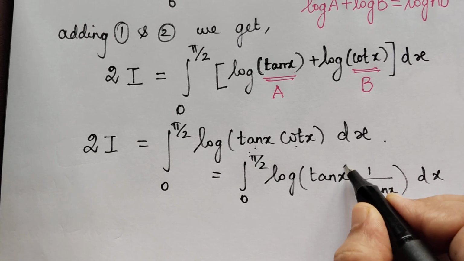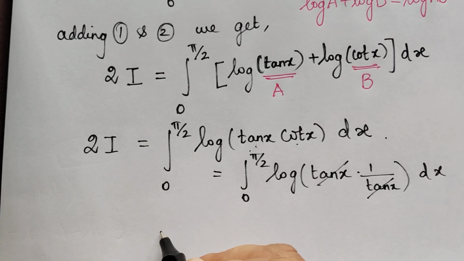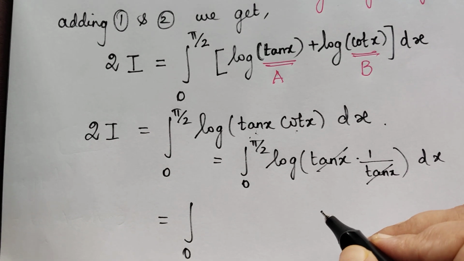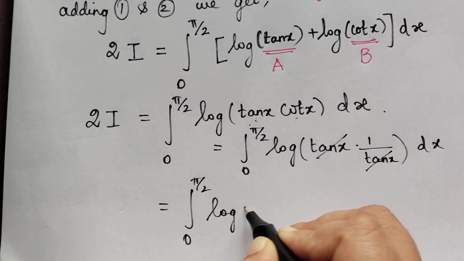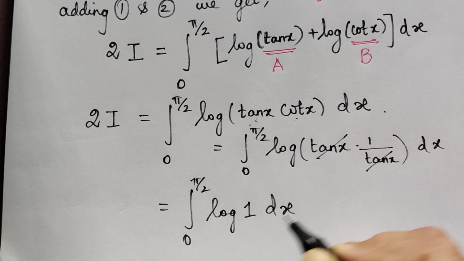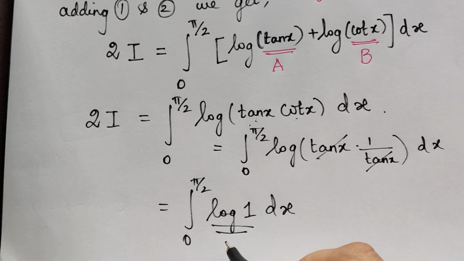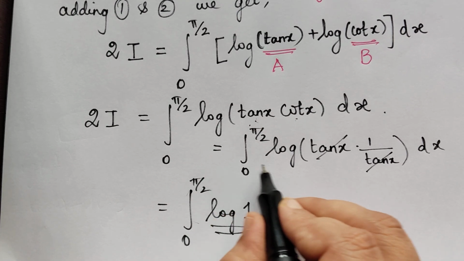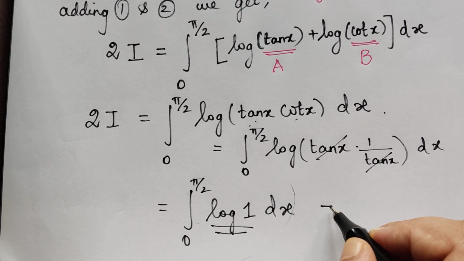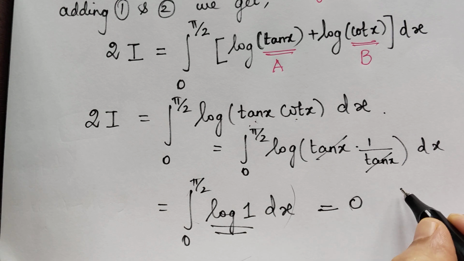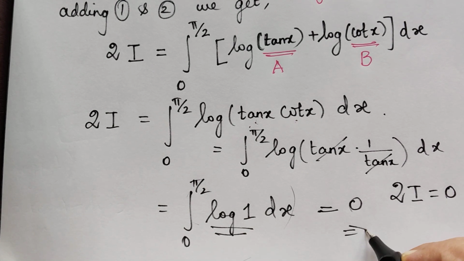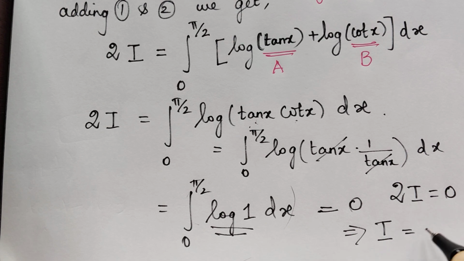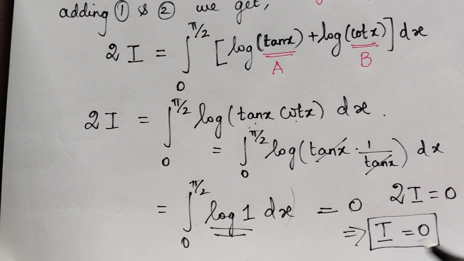These two can be cancelled, and we get the integral from 0 to pi by 2 of log 1 dx. But we know that log 1 is equal to 0. Therefore, the complete integral becomes 0, and hence we get 2I equal to 0, which implies that our integral I is equal to 0.